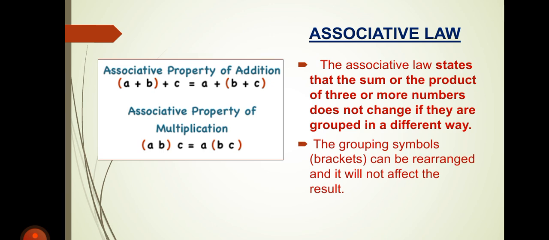Now we have seen the examples for 3 numbers. Now we will have a look at 4 numbers. That is, in addition, if we have 10 plus 15 plus 2 plus 5, we will just make a bracket first of 10 and 15, which gives us 25. 25 plus 2 will give us 27. 27 plus 5 will give you 32.